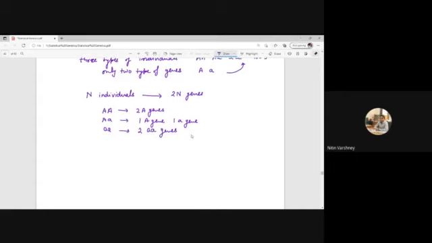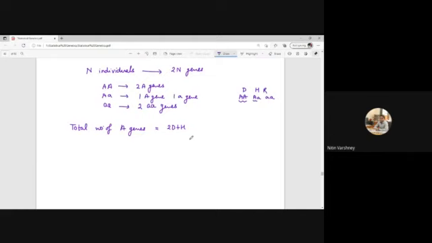So if I want to find the total number of capital A genes in this group, how much will it be? 2D plus H, because we have written as D, H, R. From D there are two capital A and there is one from H. So 2D plus H will be the total number of A genes in that particular group.